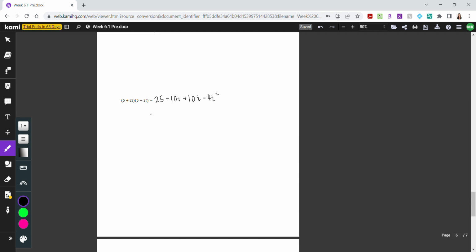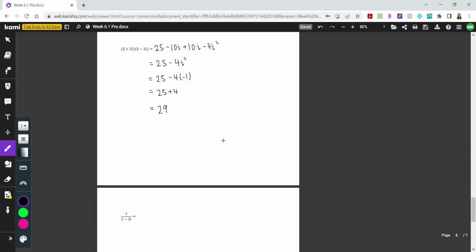Now let's group the like terms. So we're going to get 25 minus 4i squared. And again, because I know what i squared can become, I'm going to simplify it. So we have 25 minus 4 times negative 1, which would then give us 25 plus 4 to finally give us 29 as our final answer. If you have any questions about this, bring it to your deep dive lesson.